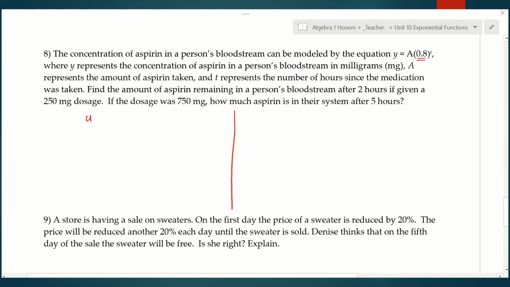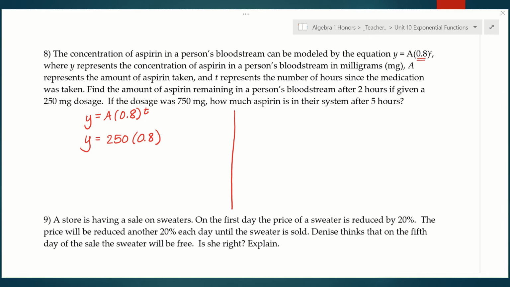Okay, so I'm going to start with my formula here one more time. All right, so they tell me A stands for the amount of aspirin that's taken. So I'm going to start with the 250 milligram dosage. And T is standing for the number of hours since the medication was taken.